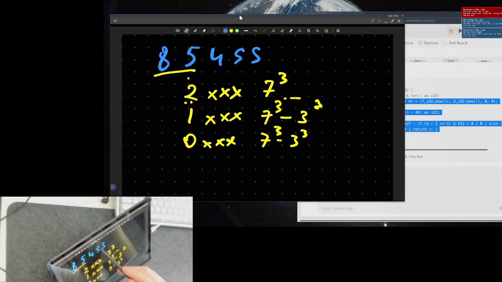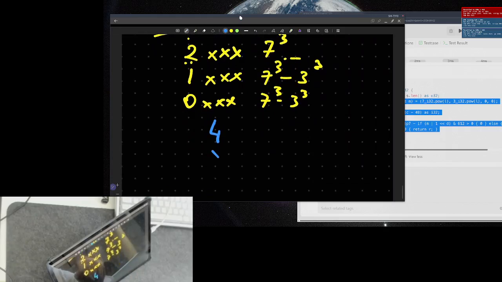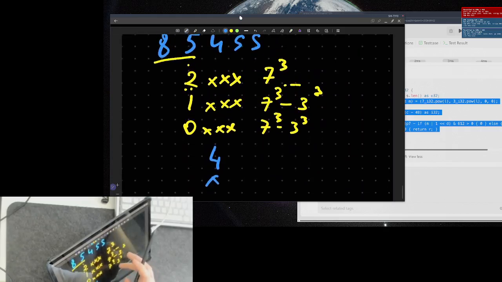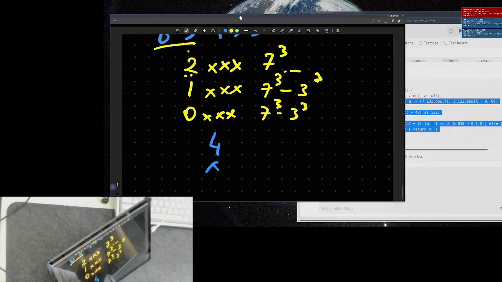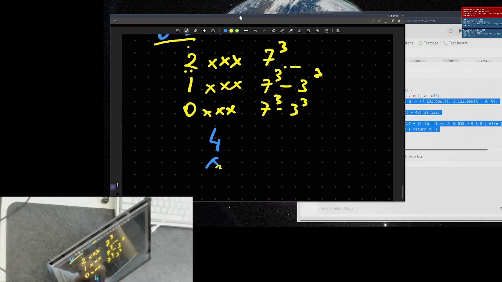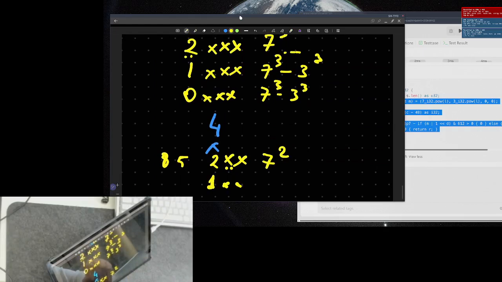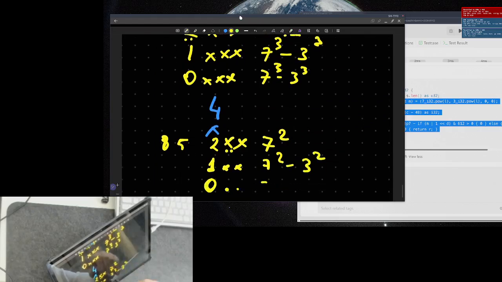And now we are at 4, and 4 is forbidden, but we still can have numbers like 2, so 8, 5, 2, and then some xx. So this is 7 to the power of 2, and 1, 7 to the power of 2 minus 3 to the power of 2, and 0, 7 to the power of 2 minus 3 to the power of 2.